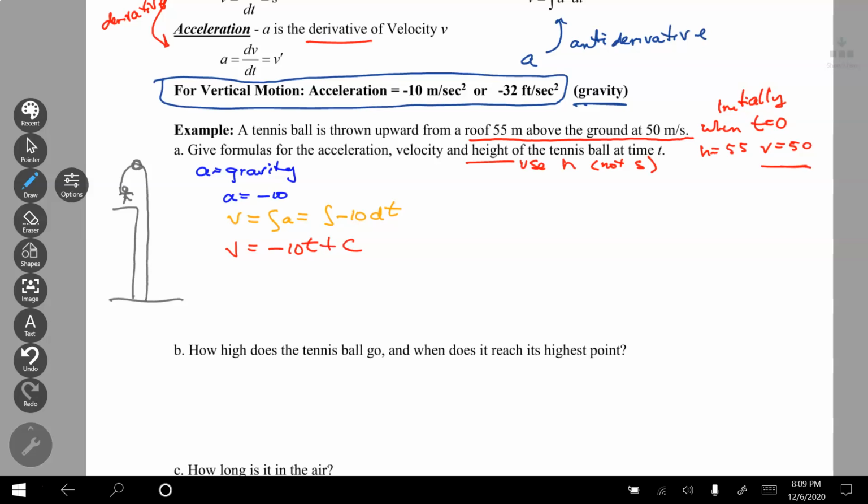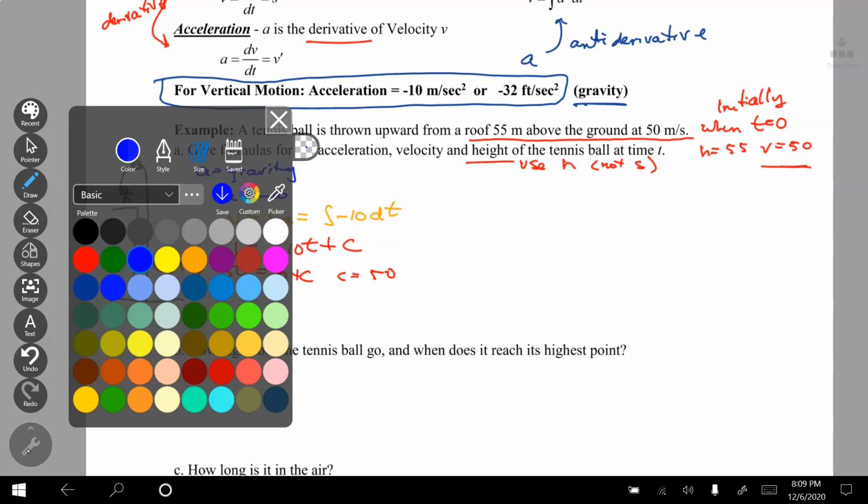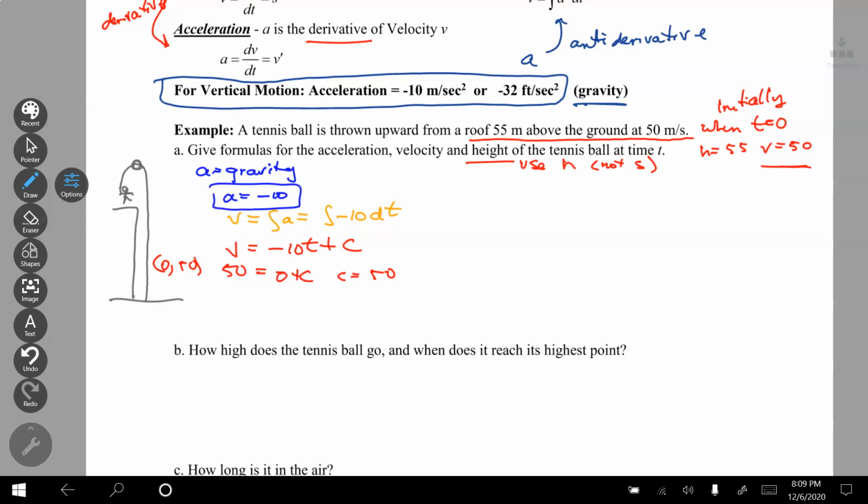Now I can plug in that (0, 50): 50 equals 0 plus c, or c equals 50. And I get my velocity equation is v equals negative 10t plus 50. That's my velocity equation.